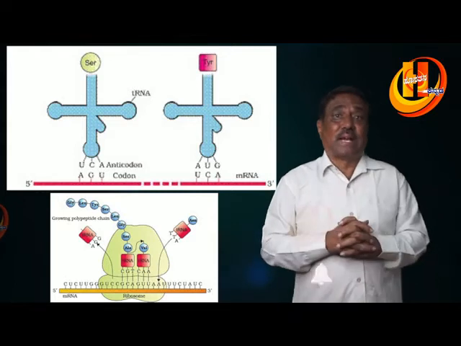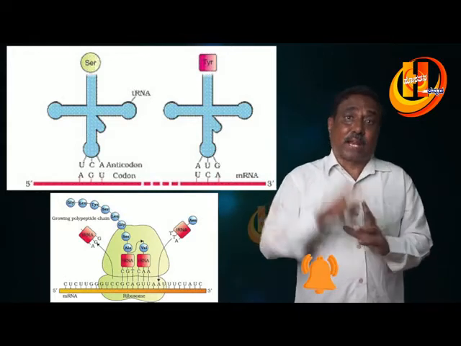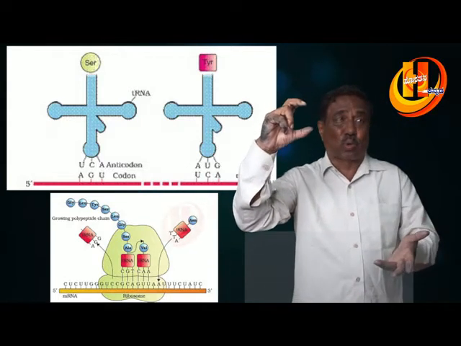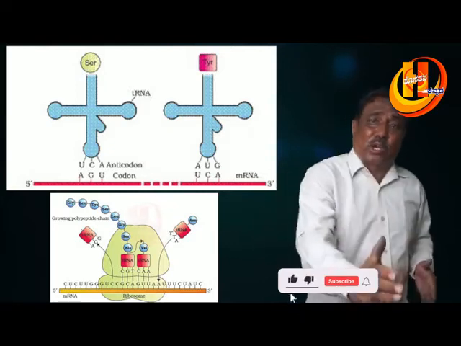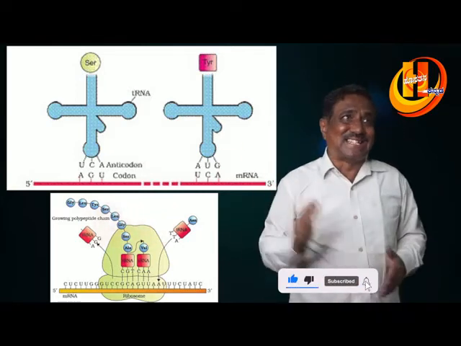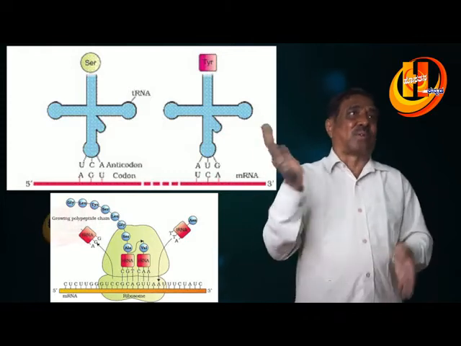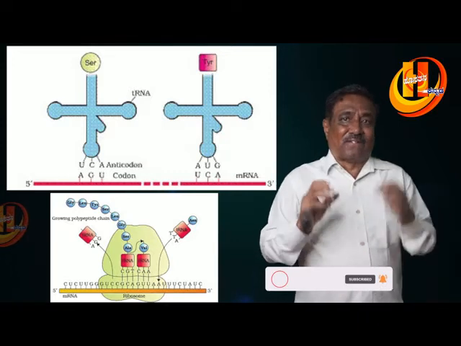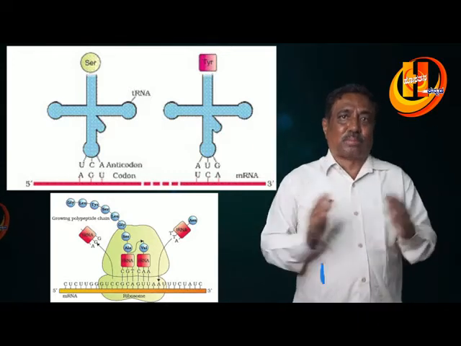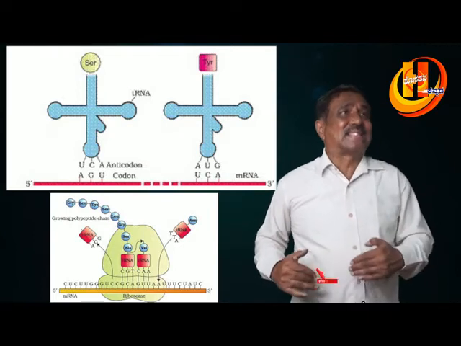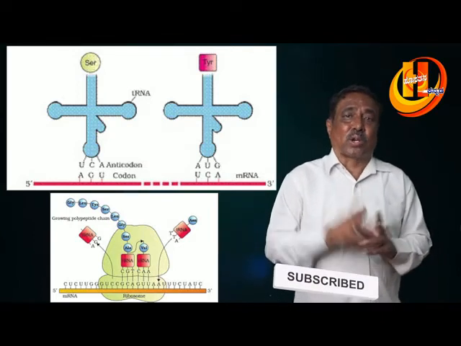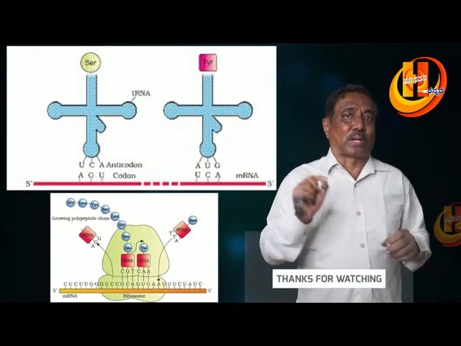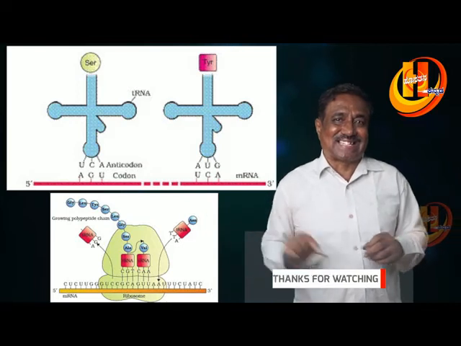That means an amino acid is coded by more than one codon. For example, glycine is not only coded by GGG but also GGC, GGA, GGU, and alanine not only by GCC but also GCA, GCU, etc. Valine is not only coded by GUU but also GUG, GUA. Arginine is not only coded by CGG but also CGC, CGA, CGU, and proline not only by CCC but also CCA, CCG, CCU.